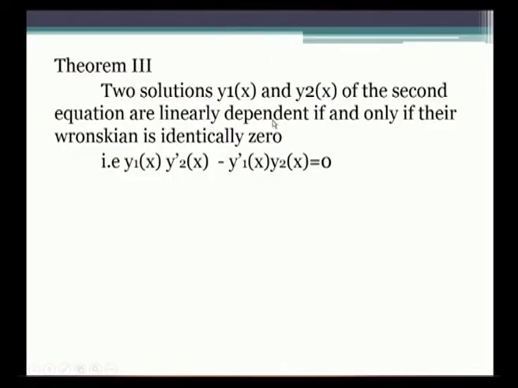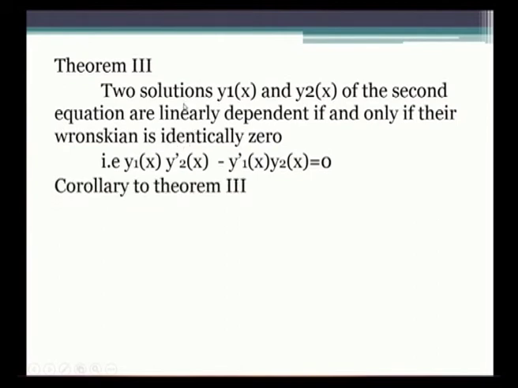This is the value of the determinant. The value of the determinant must be equal to 0 for the two solutions y1 of x and y2 of x to be linearly dependent. So, this is the theorem about solutions of a second order linear differential equation.